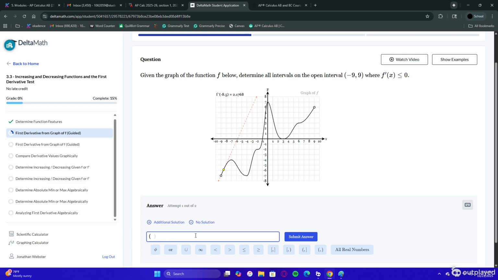So from negative 7 to negative 4, and then it's increasing from here to about 0, and then it decreases again from x equals 0 to x equals 3, and then it increases for the rest of the function.